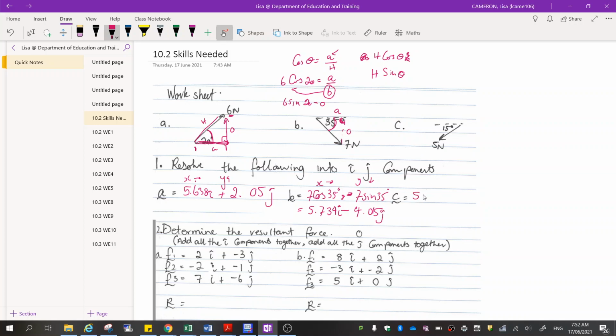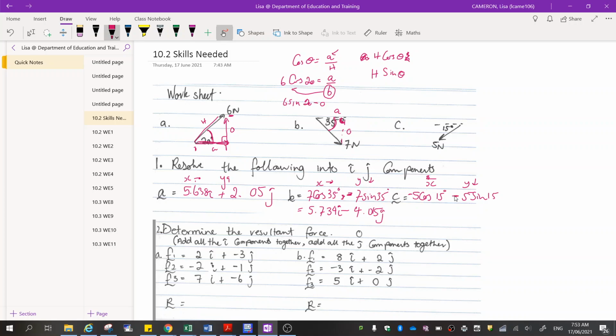So I'm going to have 5 cos 15 degrees and 5 sine 15 degrees. Now our x component is going this way, meaning it's going to be a negative. And our y component is going down, meaning it's also a negative.